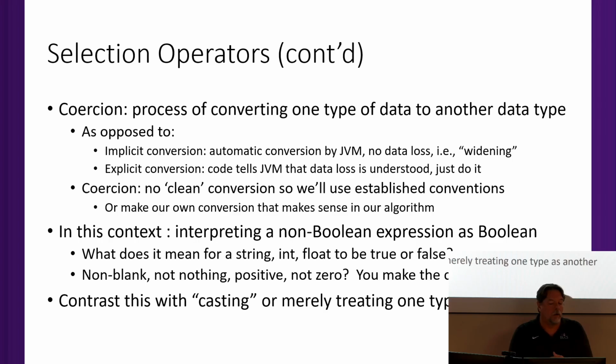Similar here, for example, if I have a string that has the word dog in it, D-O-G, in a string, if I try to interpret that as a Boolean value, is the word dog true or false? Because it can only be one or the other if I try to convert it to a Boolean.